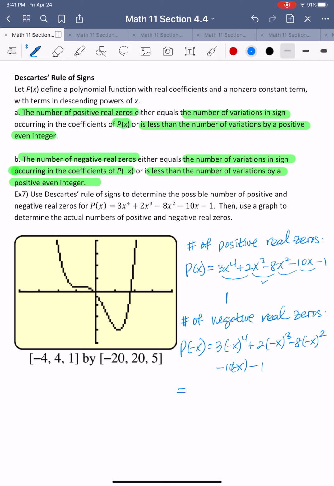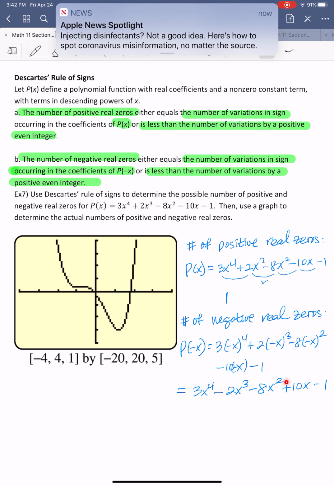If you simplify, I get 3x to the 4th minus 2x cubed minus 8x squared plus 10x minus 1. As you notice, only the sign of the odd powers changed. The odd power that was positive becomes negative, and the negative becomes positive, and the even powers just stay the same.